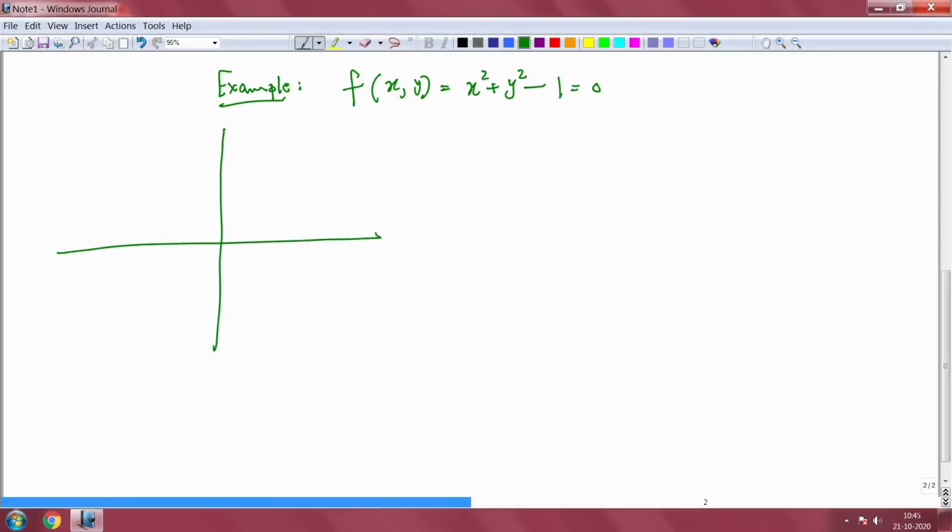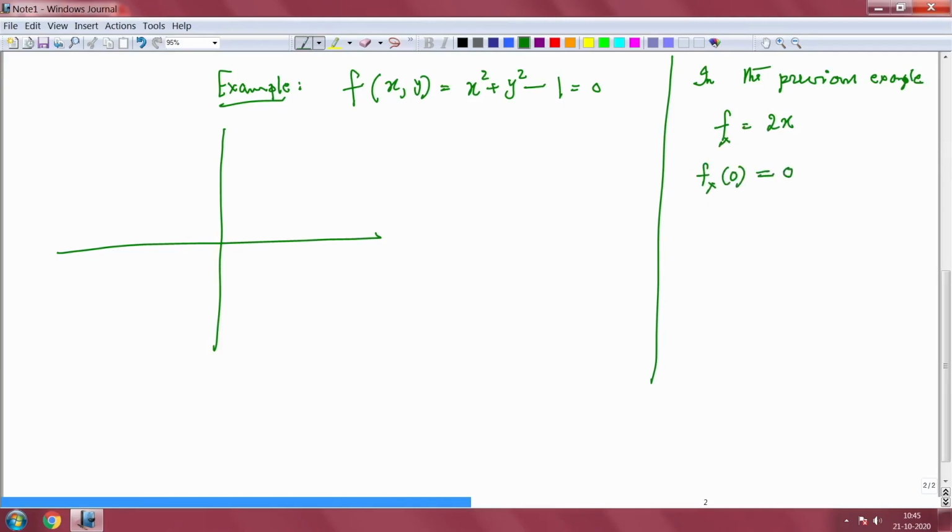In the previous example, you immediately see that if you look at the differentiation, f x is nothing but 2x. So, f x at 0 is equal to 0. So, probably this could be the possible trouble.